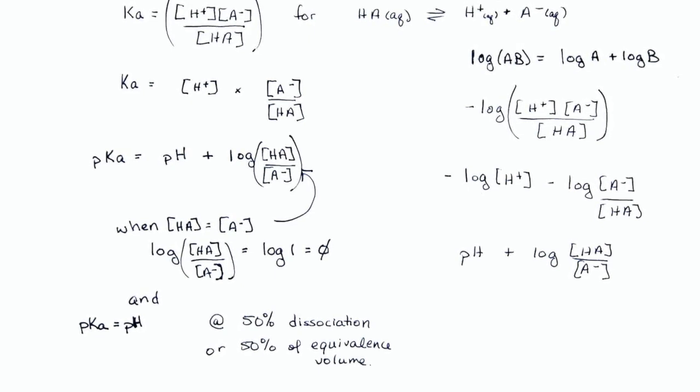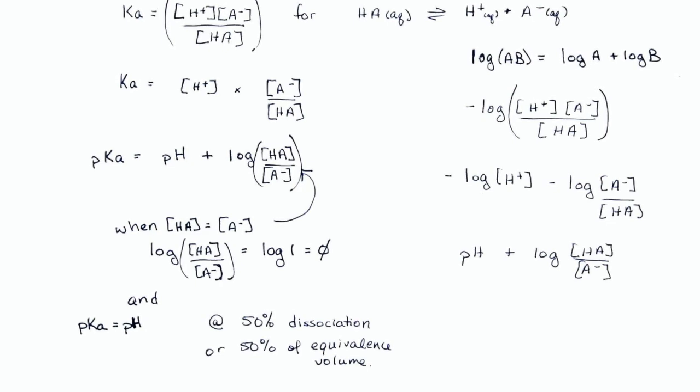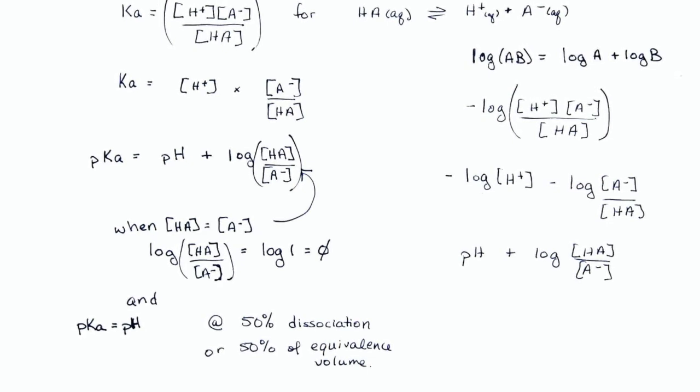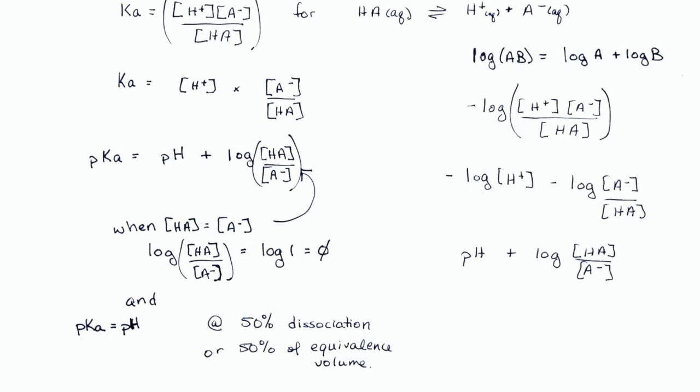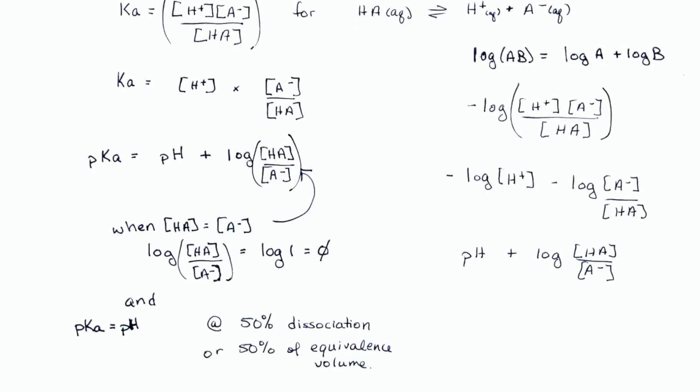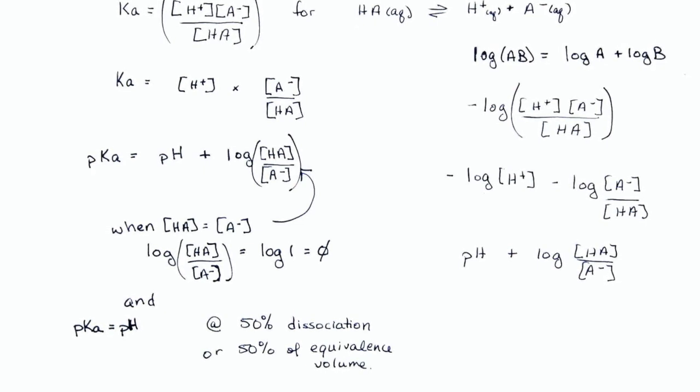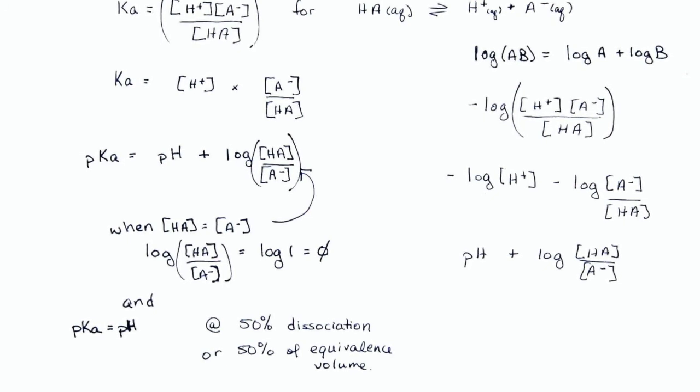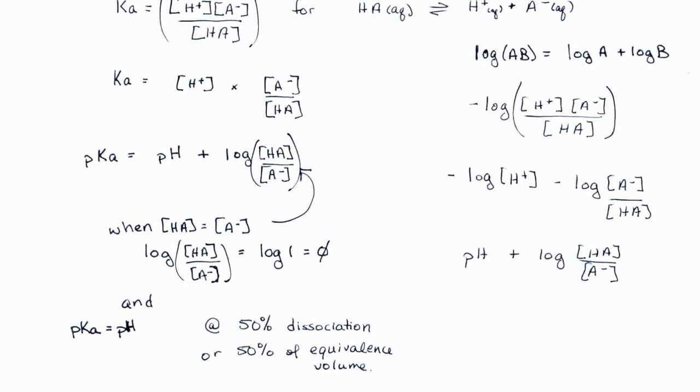So the pH plus 0 is going to be equal to the pKa, or the pKa is equal to pH. What this means is that you can find the value of pKa by looking at the pH at half the volume of the volume at the equivalence point.